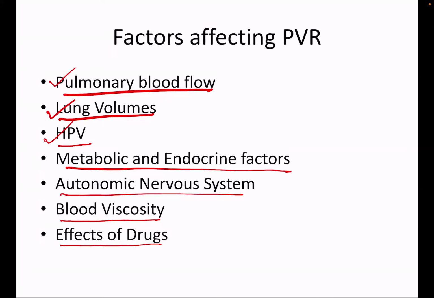So as we all know, histamine causes systemic vasodilatation, but in the lung it actually increases the PVR. Hypercapnia and acidemia also increase PVR. These are also metabolic factors. And hypothermia, as we all know, increases PVR and suppresses hypoxic pulmonary vasoconstriction.